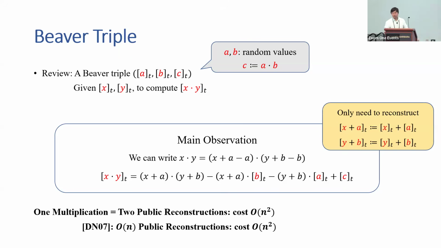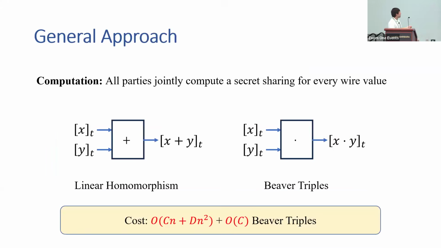And reconstructing publicly costs n². But thanks to the works of Damgård and Nielsen, we know that we can in fact do a linear number of public reconstructions also at cost n². This means that we can already process multiplications with linear communication if we have Beaver triples.